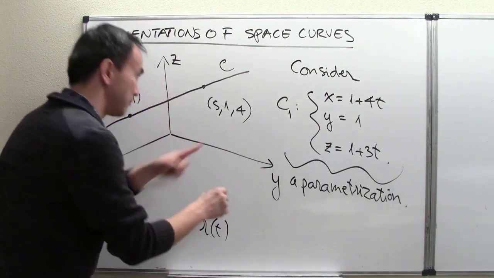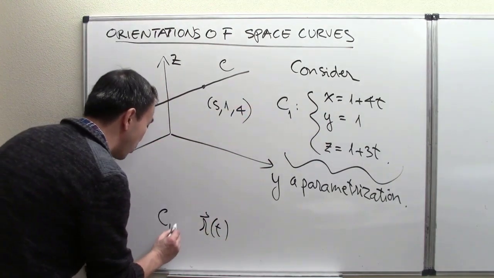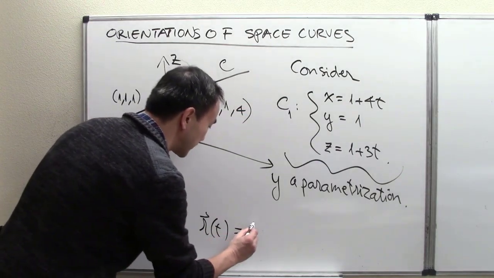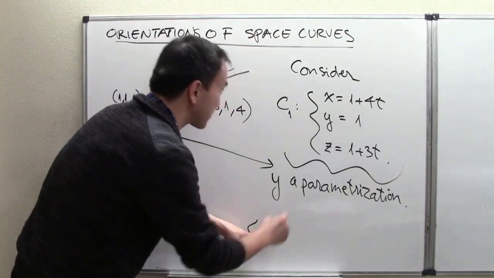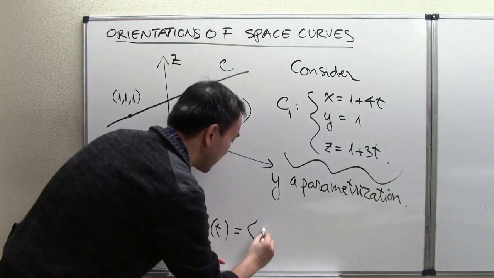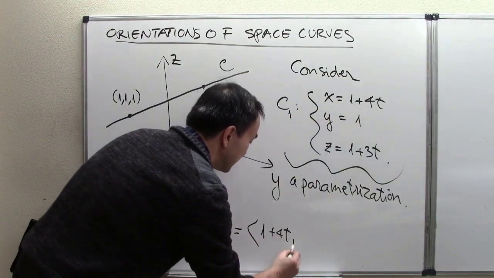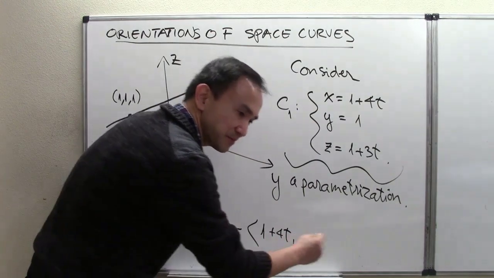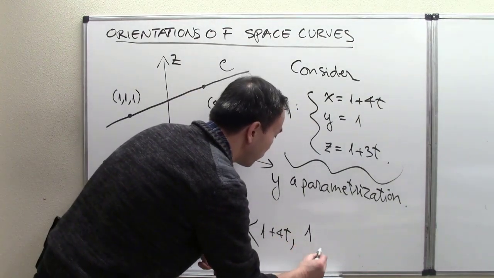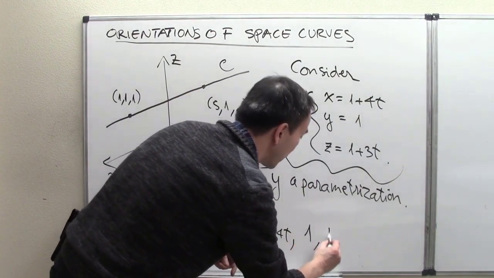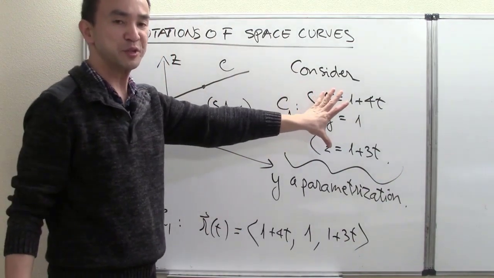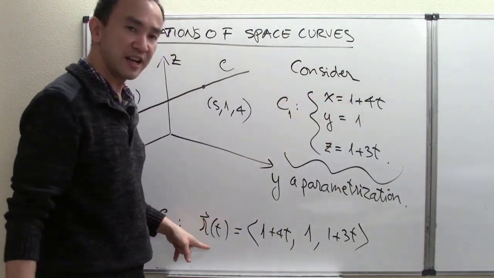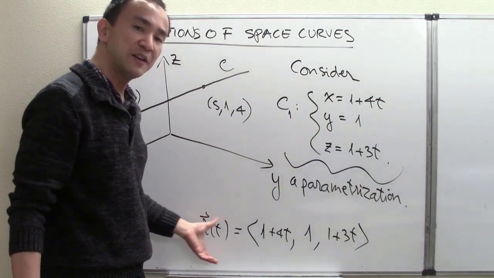So this same parameterization C1 can be understood as a vector-valued function, where x of t is 1 plus 4t, y is 1, and z is 1 plus 3t.